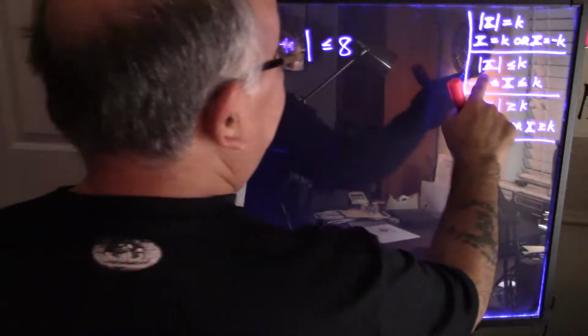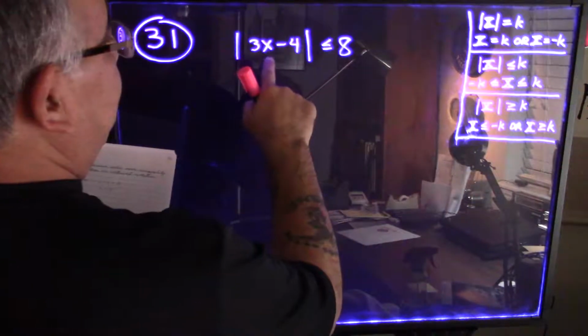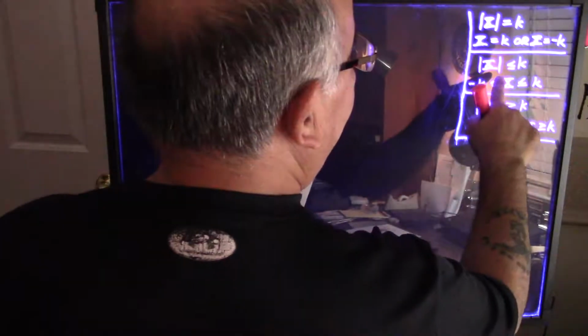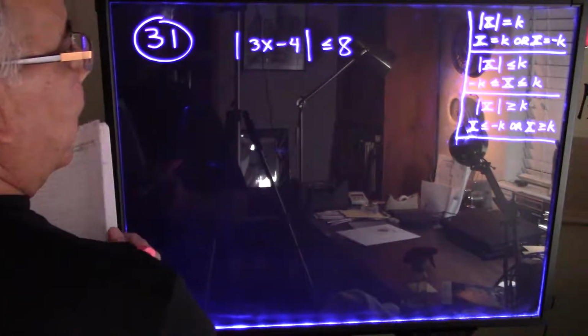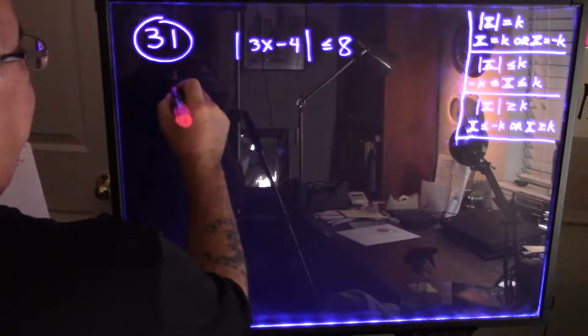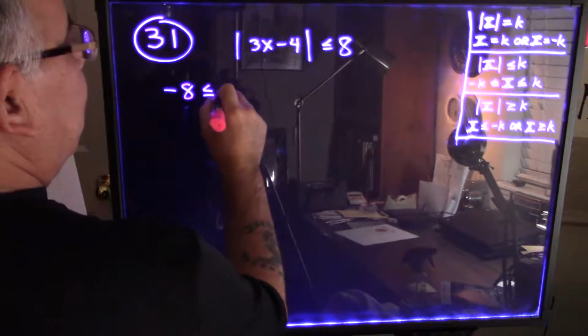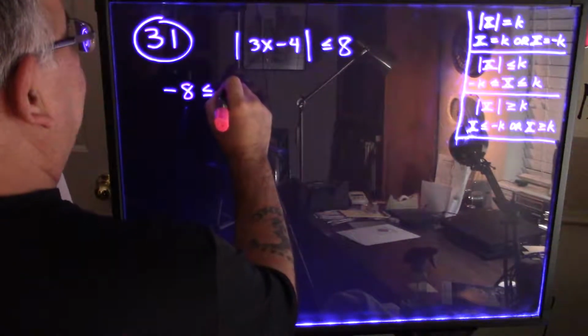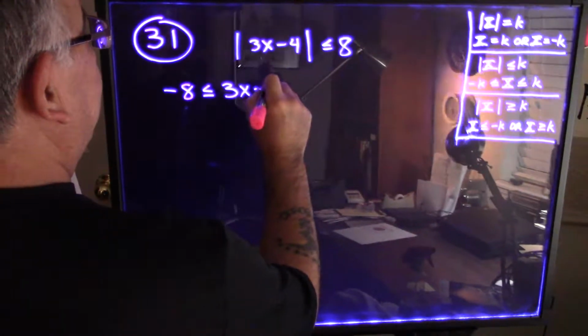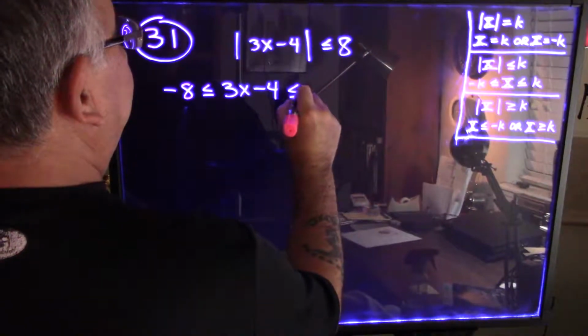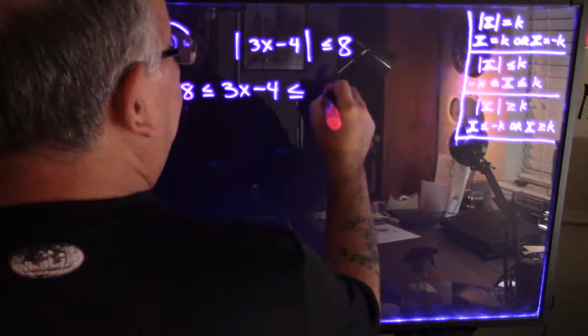So the capital X is the entire 3x minus 4, k is 8. So you set up -8 less than or equal to the capital X, which is 3x minus 4 in this one, and that's less than or equal to positive k, which is 8.